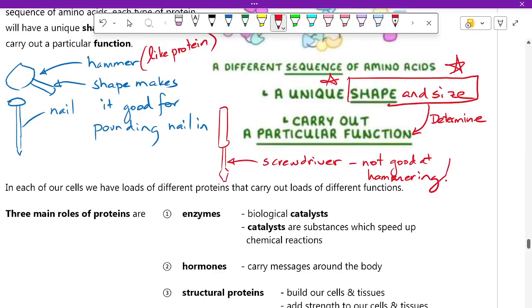Has anyone heard of enzymes? Yes? Where might you find some enzymes? Anybody have any ideas? Enzymes are in your body. Yep. They're in all sorts of different parts of your body. One place you might be most familiar with it are digestive enzymes.